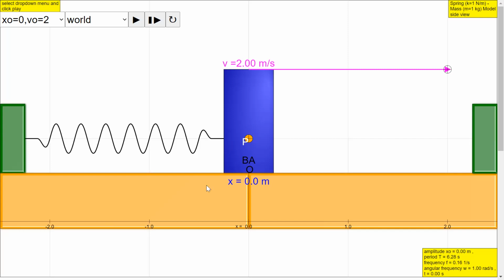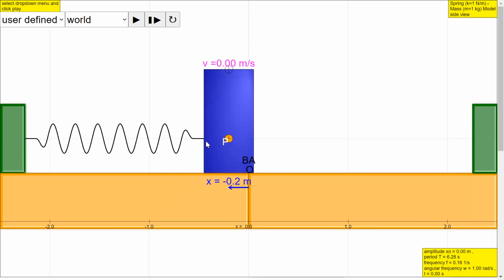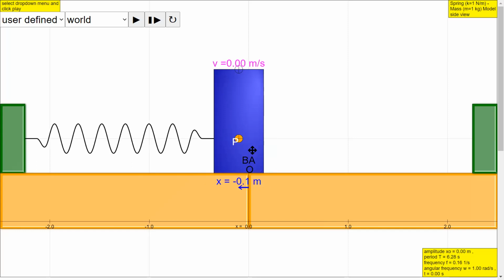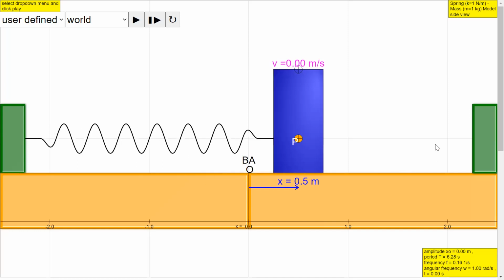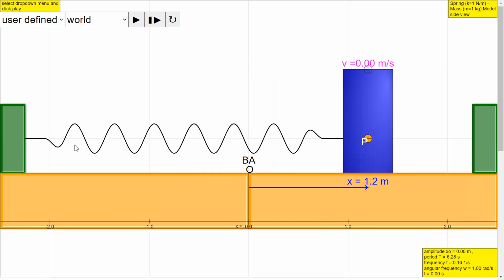We simplify our coordinate system so that the origin point O, at the center, is the equilibrium position. When the spring is neither stretched nor compressed, the body is at equilibrium. Otherwise, we have a displacement along the x-axis, an x component of the displacement, which also changes the length of the spring.